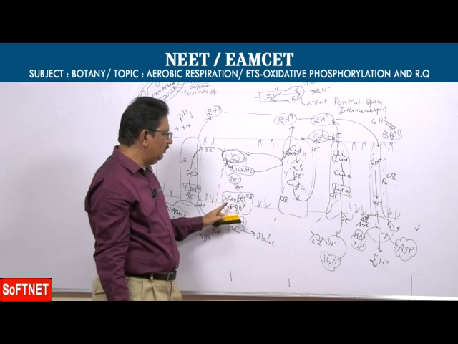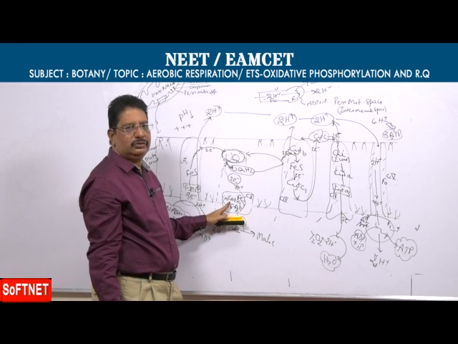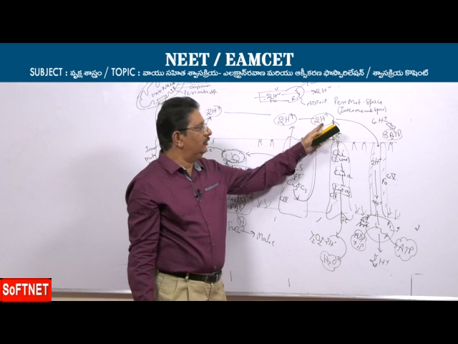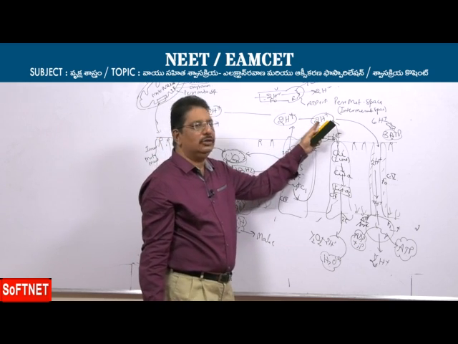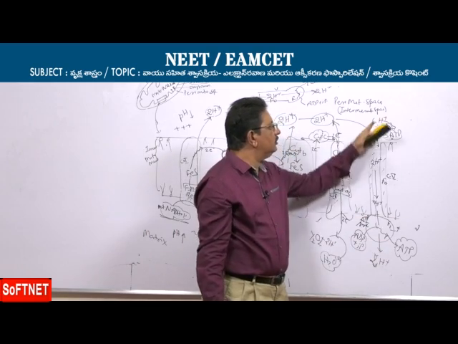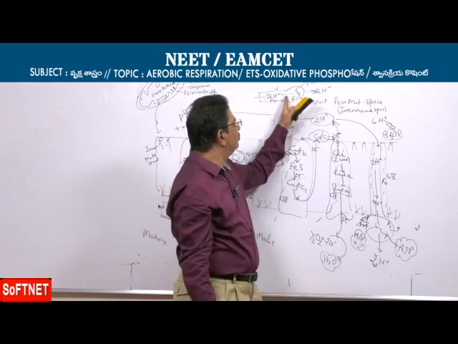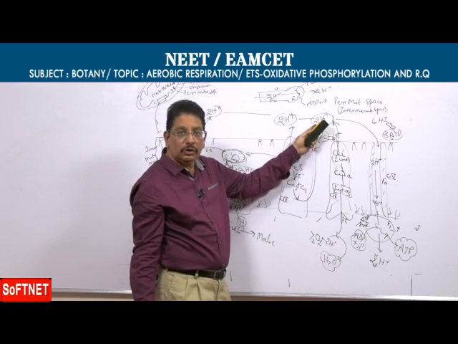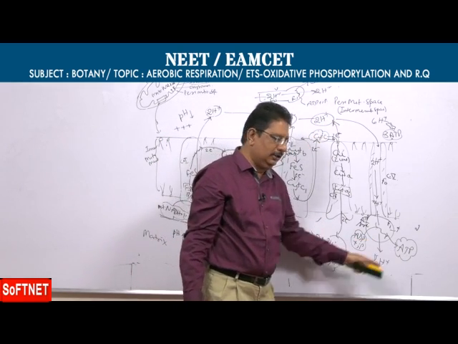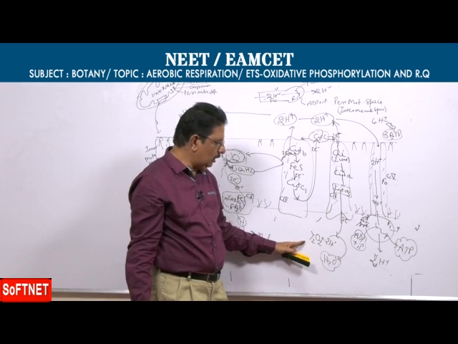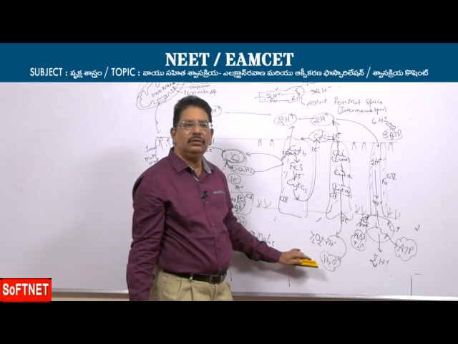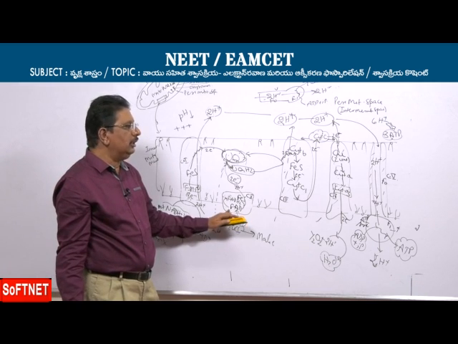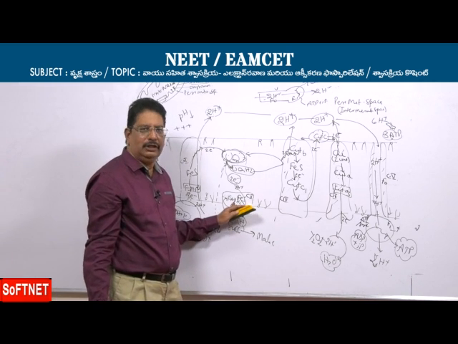So, oxidation of a mitochondrial FADH2 through ETS results in 4 proton accumulation, and 4 protons result in 2 ATP. Since 2 protons form 1 ATP, 4 protons form 2 ATP, utilize 1 oxygen atom and form 1 water molecule. So, like that, the second complex is involved in the oxidation of FADH2.